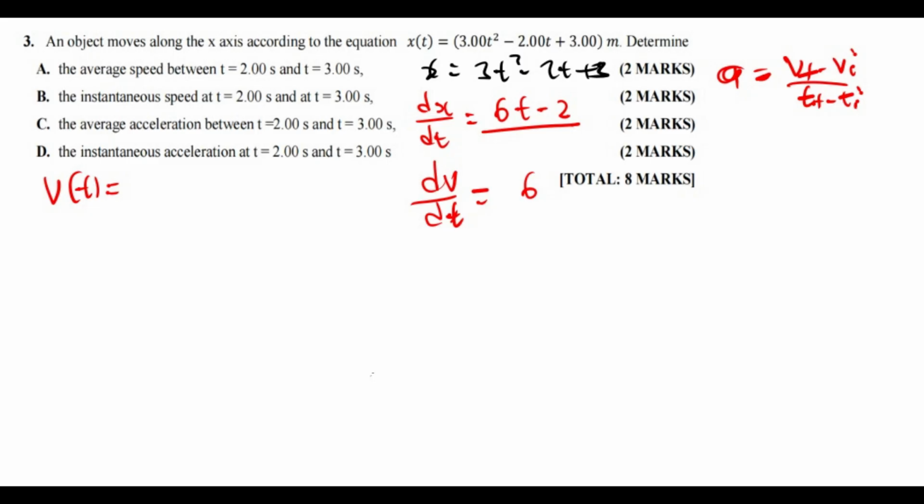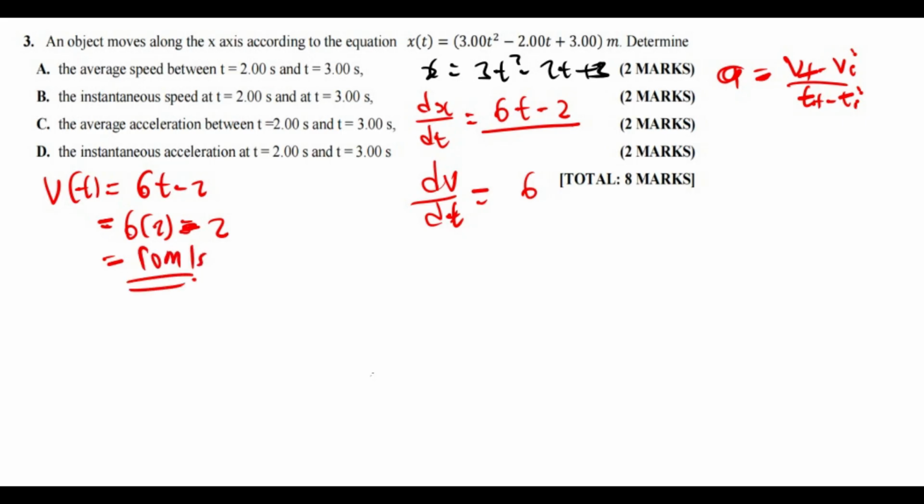That is, oh no, it's different now. Since we are using this formula, that time we were using direct, we didn't differentiate. So now we are using 6t minus 2. So when t is equal to 2, it's going to be what? 12 minus... Oh yeah, it's the same thing, right?